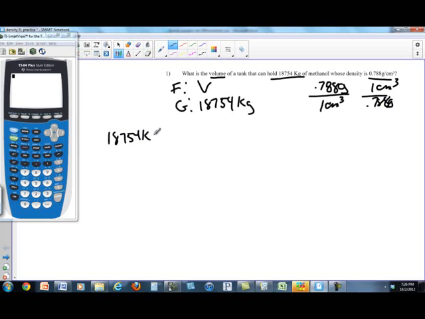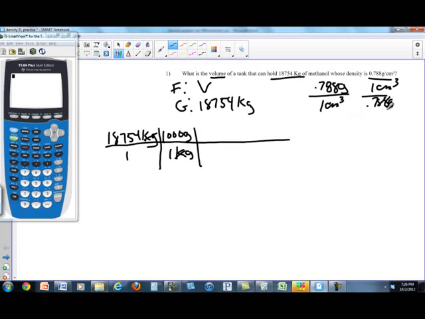18754 kilograms, and I'm going to use this fence post process. It might be a little bit easier for you. And put that over 1. I don't have anything here in kilograms, so I've got to first convert kilograms to grams. And what I know is 1 kilogram, and I need the kilograms down here so this cancels, is 1,000 grams.